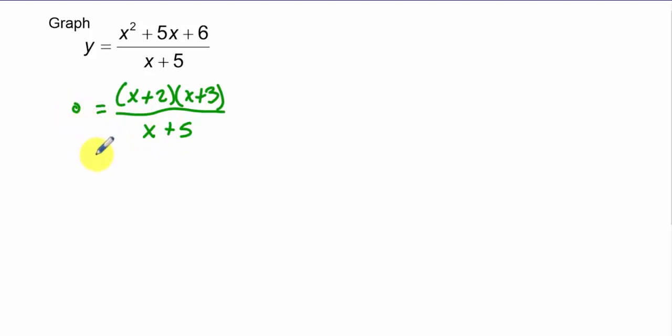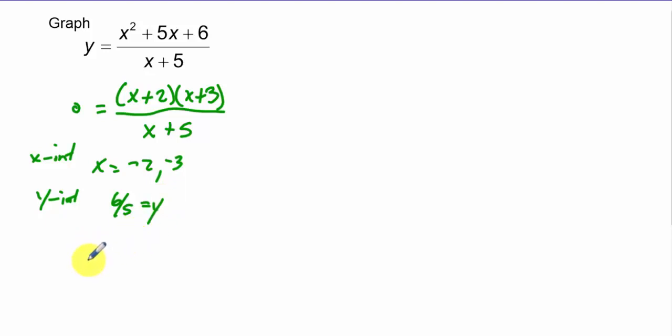Set that equal to 0. Therefore, x equals -2 and -3 for my x-intercepts. The y-intercept will be 6/5. For the vertical asymptote, it's going to be x equals -5.